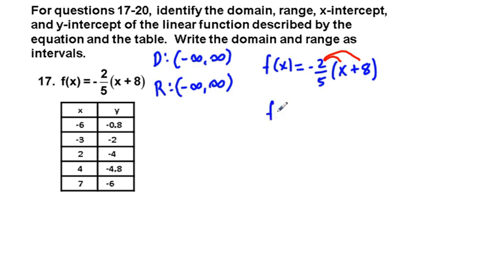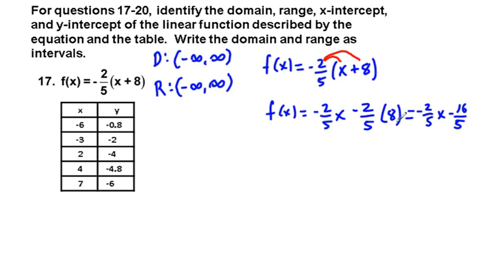And working below, we have f of x is equal to negative 2/5 x, and we have minus 2/5 times 8. What we're going to get for that is negative 2/5 x, and then we're going to have negative 16 over 5, so minus 16/5.